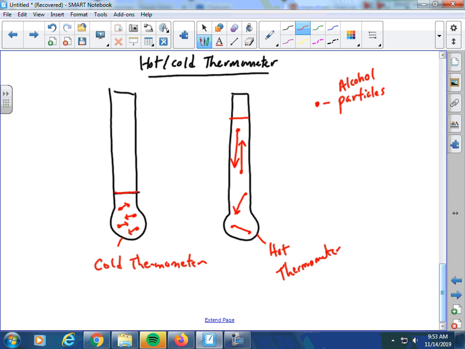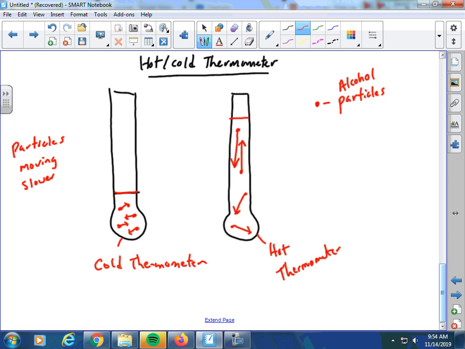Am I missing anything on here? Explanation. So last time I noticed in your models you didn't include words to tell me what's going on. This is a good picture, but explain it to me. Okay? Cold thermometer. Particles moving slower.